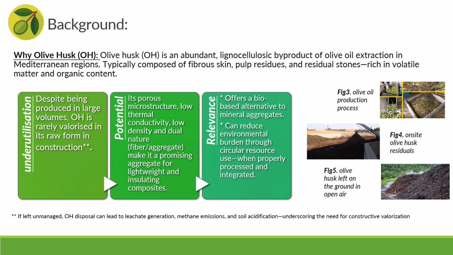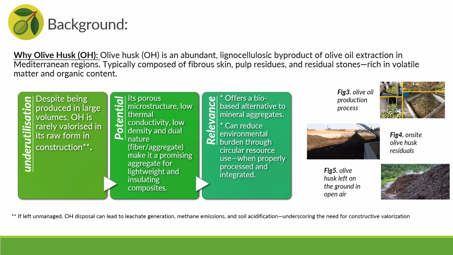What makes it particularly interesting for construction application is its complex nature, containing both an aggregate fraction represented in olive stones and a fibrous fraction from olive skin and olive tree branches and leaves. Despite its abundance, olive husk has been underutilized. Most studies, not to say all of the studies, focused on olive stones rather than the olive husk.